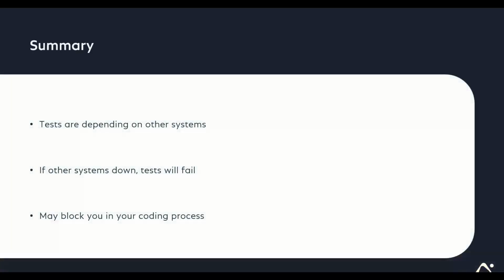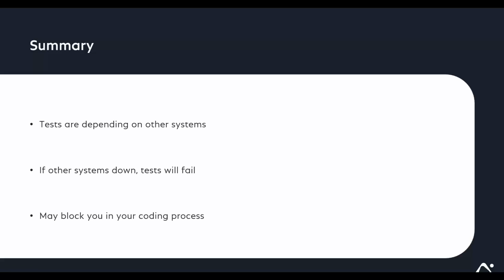The test is depending on another system. As we have already seen, it may work or it may not work. If the other system is down or somehow the internet connection fails from your development environment, then the test is not possible, and it may block you in your coding process, so you cannot proceed to finish your coding while this test is failing.